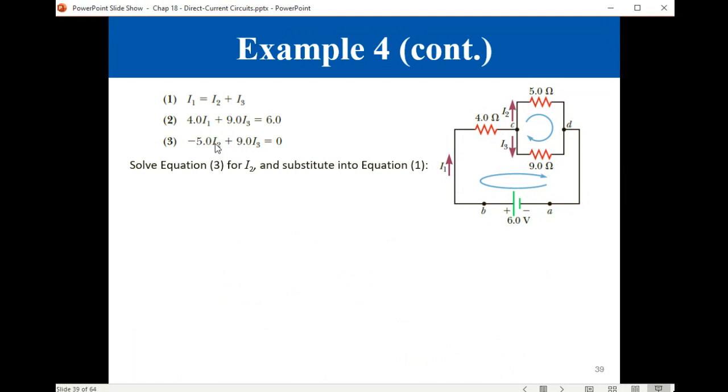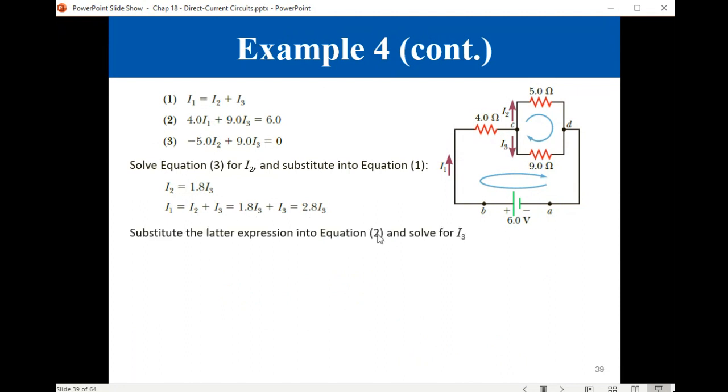The value that we get, we will plug into equation 1. So from this equation, I2 is 1.8 I3 when you simplify. So now we plug this in place of I2 here. So it's 1.8 I3 plus I3. This is 2.8 I3.